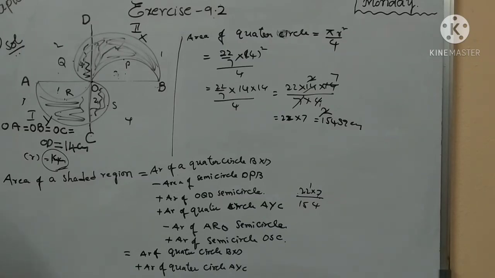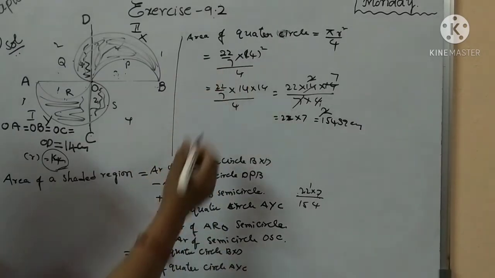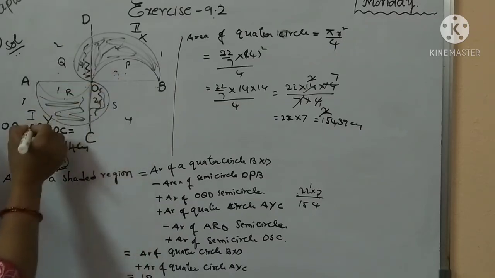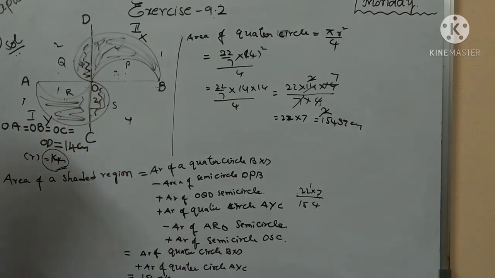So how many quarter circles are there? 2. Then we find the area of a quarter circle and the area of a quarter circle. These are the 2 areas of quarter circles. Okay, did you understand? Now write here area of quarter circle BXD is 154, and the other part is 154.